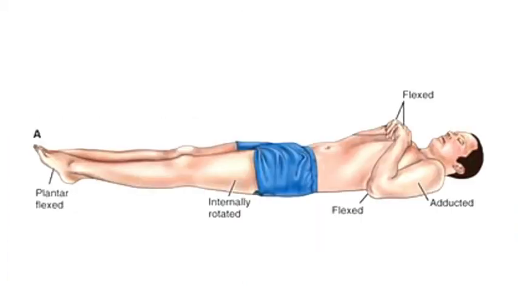So here it is. In decorticate rigidity or the abnormal flexor response, the patient's jaw is clenched and the neck is extended. The arms are adducted and stiffly flexed at the elbow with forearms pronated, wrist and fingers flexed. The legs are stiffly extended at the knees with the feet plantar flexed.